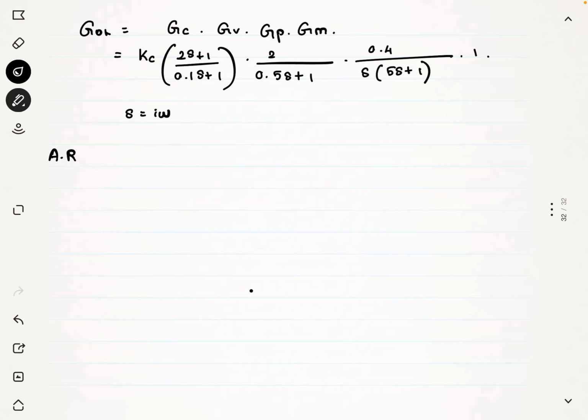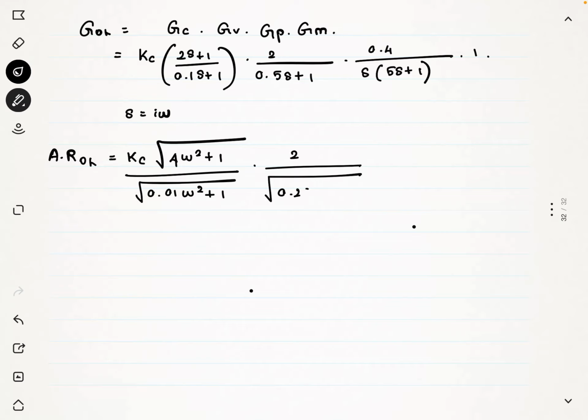So the amplitude ratio of the open loop is equal to Kc into root of 4 omega square plus 1 divided by root of 0.01 omega square plus 1, into 2 divided by root of 0.25 omega square plus 1, and then 0.4 by a root of omega square, which will be just omega, into root of 25 omega square plus 1, and the absolute value of 1 will be 1, so we leave it.